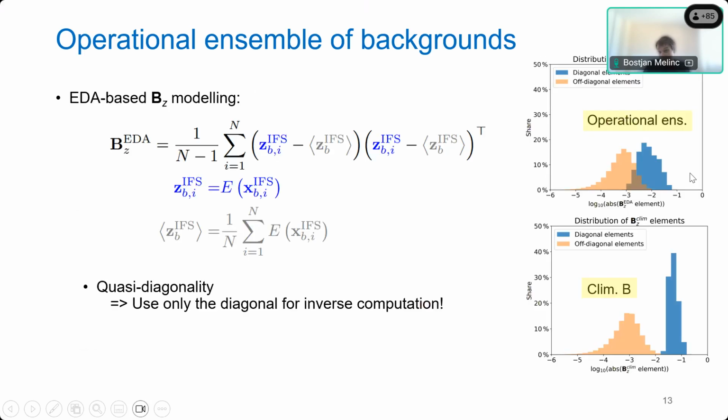But we decided to proceed and model this EDA-based B in the latent space as it's done for the operational ensembles. And what we get is, again, a quasi-diagonal B matrix, where this time the quasi-diagonality is not as well presented as it was for the climatological B.